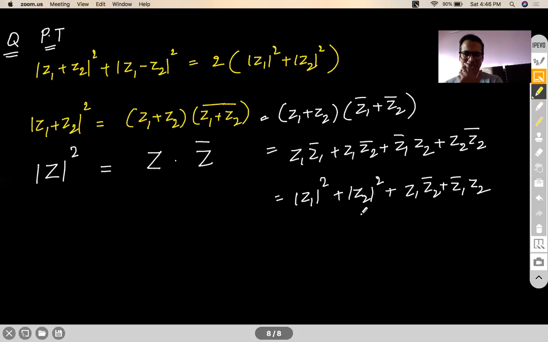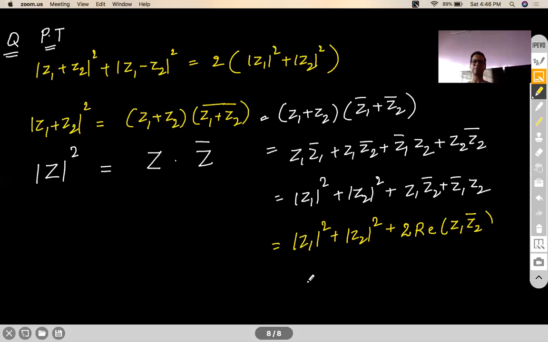Now, dear all, I would like you to understand one more thing over here, even though it is not that relevant in the problem solving. This term that you see over here is actually two times the real part of z1 z2 conjugate. You can also say z1 conjugate z2, both are fine. This can also be written as 2 real z1 conjugate z2.